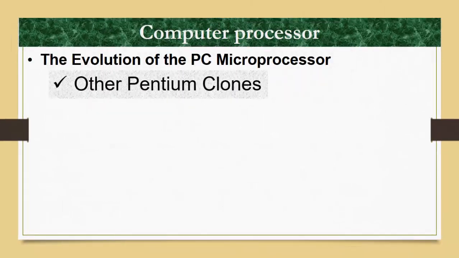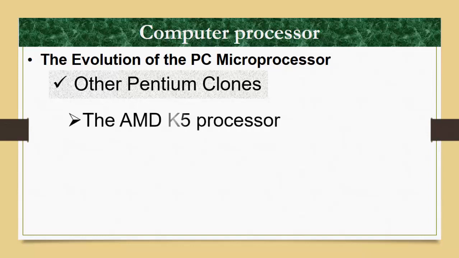the other Pentium clones. Two other manufacturers produced processors to compete with the Pentium. The AMD K5 processor, with versions from 75 megahertz to 166 megahertz, unfortunately suffered from its own complexity, which affected its processing speed.